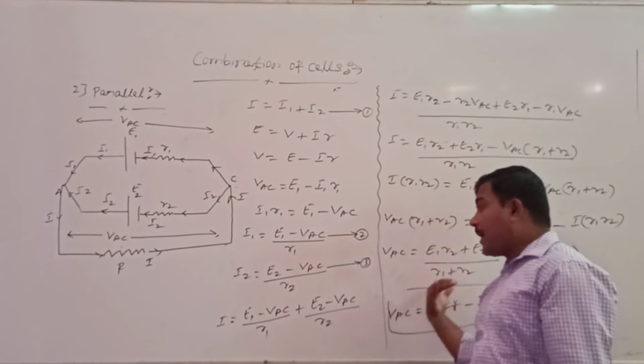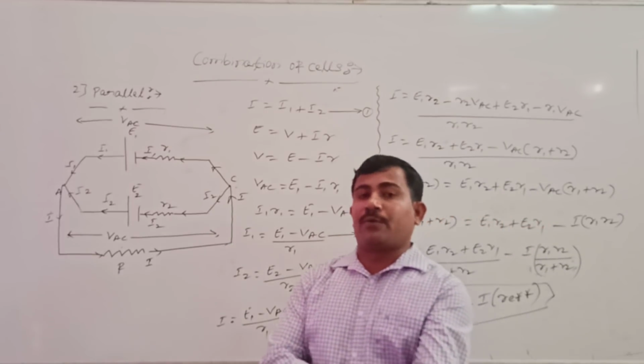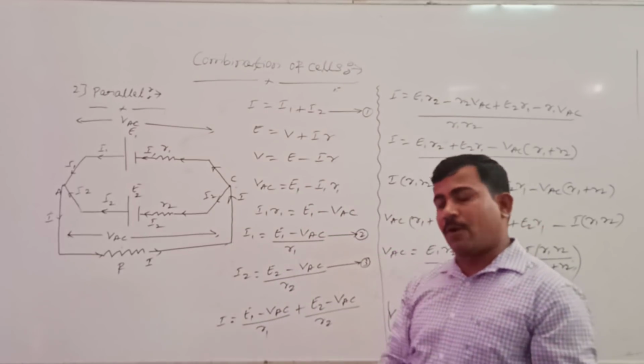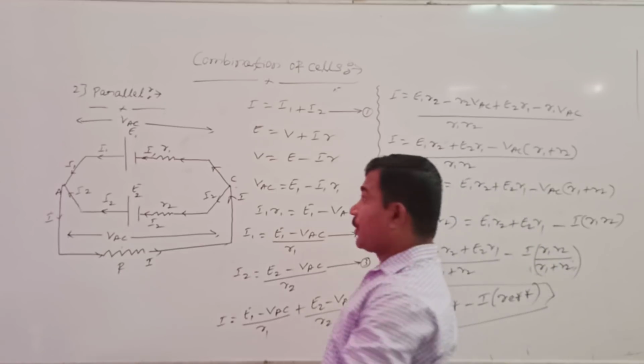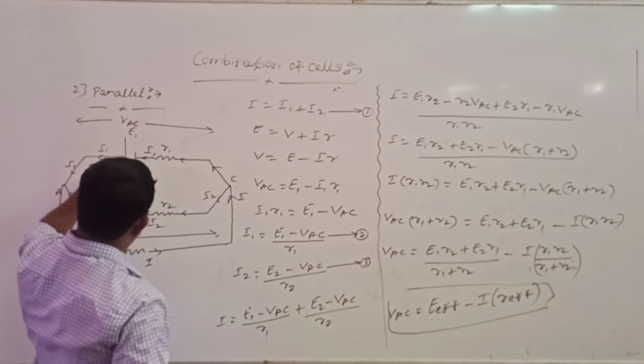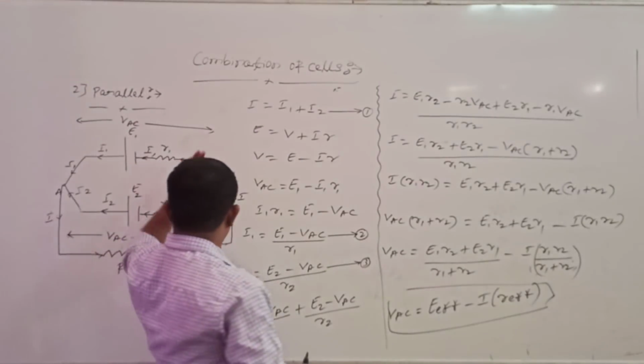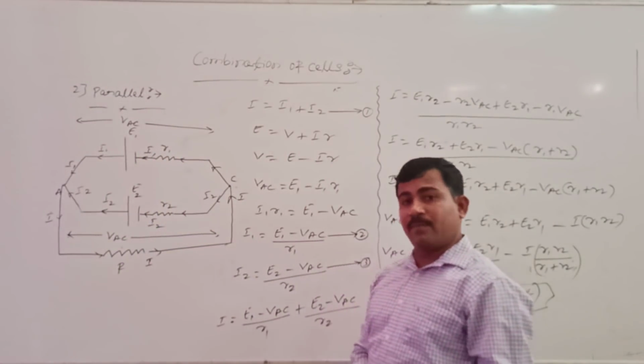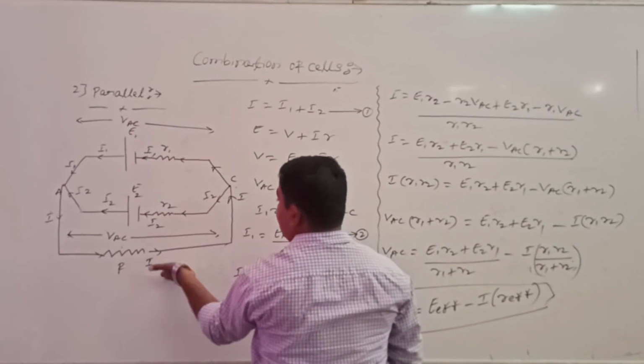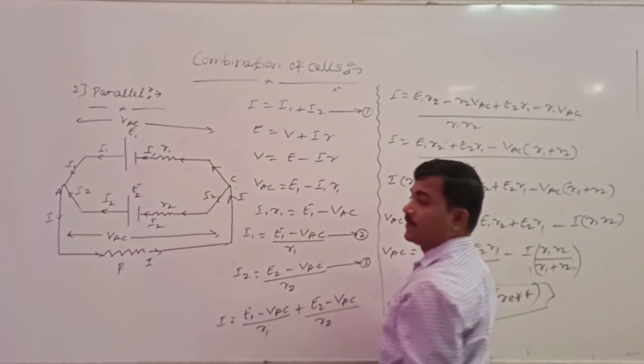Then for the parallel combination of cells, what are we going to conclude? From this combination, across each cell the EMF and terminal potential difference remain the same. If two cells have equal EMF, it remains the same. In this combination, the potential difference across each cell remains the same.